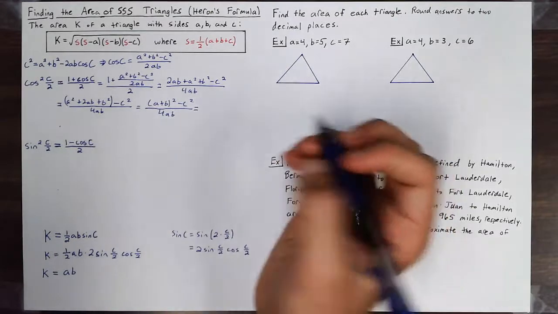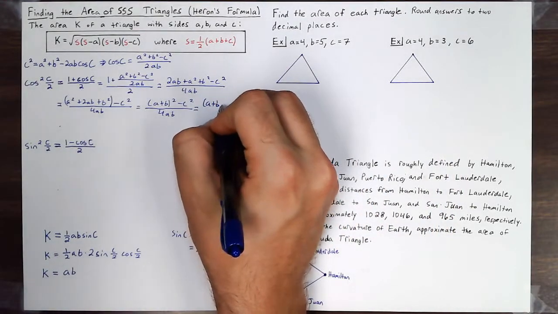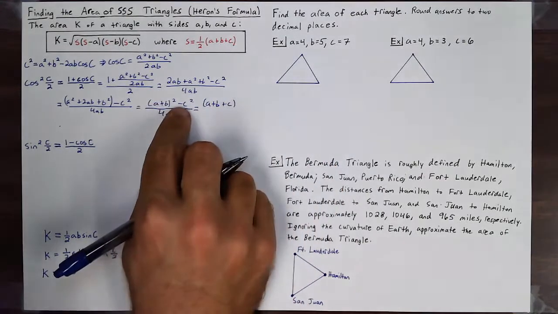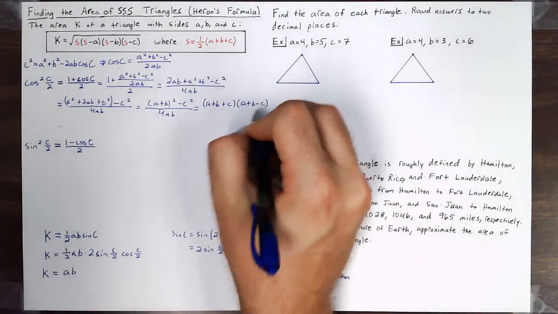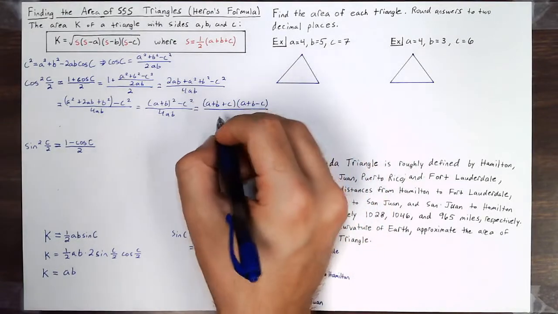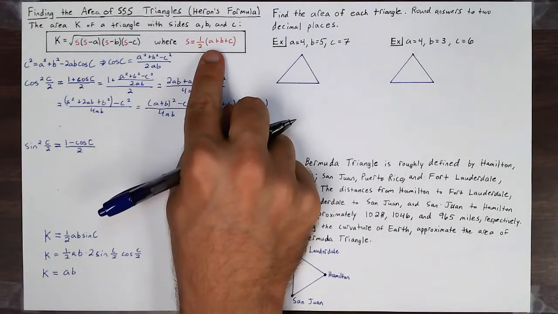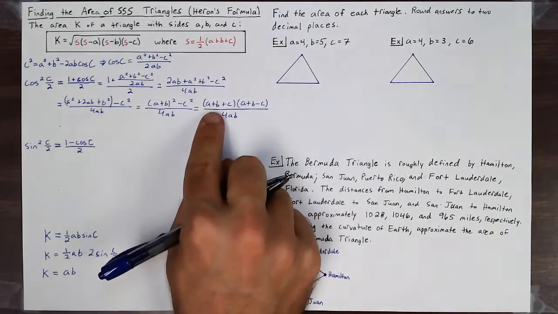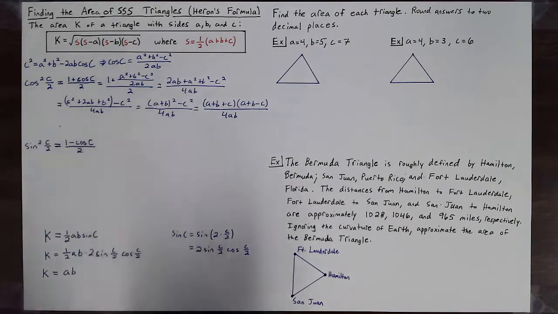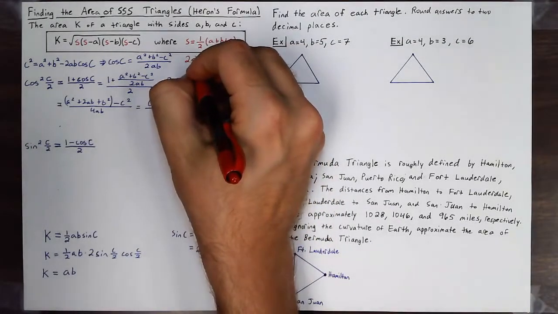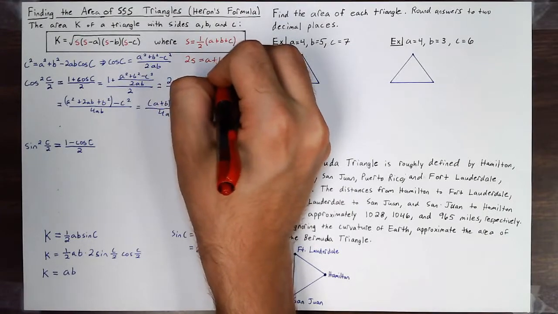So that numerator can also be rewritten as a plus b plus c, and then a plus b minus c, all over 4ab. Now, this a plus b plus c is right there. If I multiply each side of that equation by 2, I can say 2s is equal to a plus b plus c.